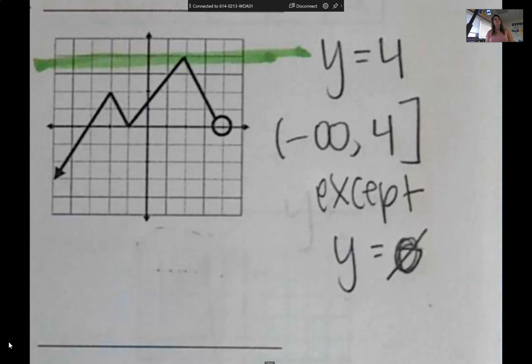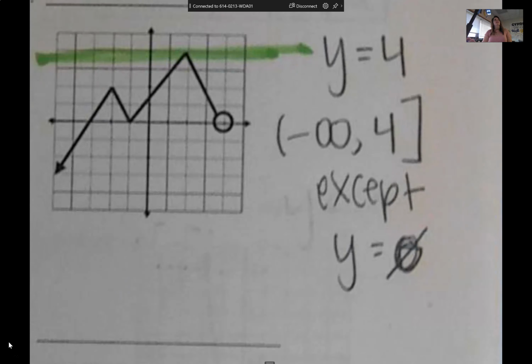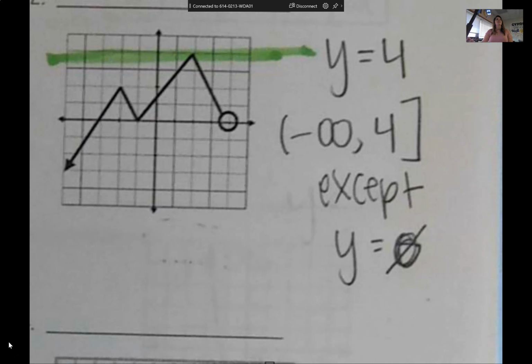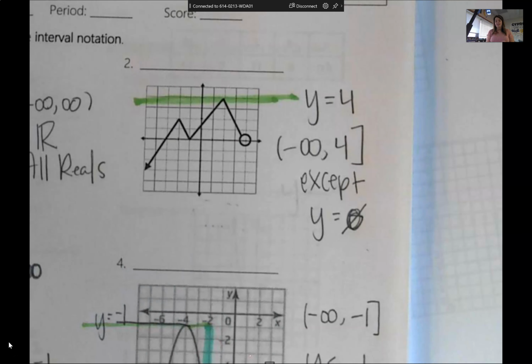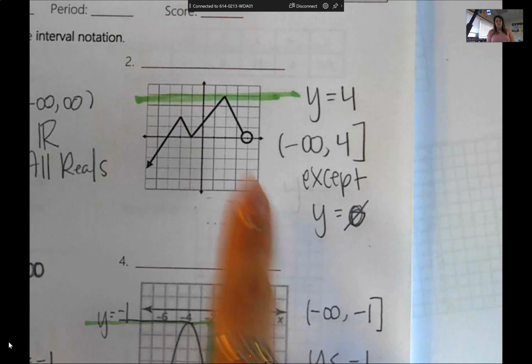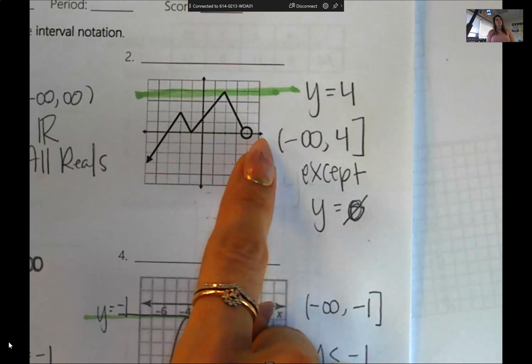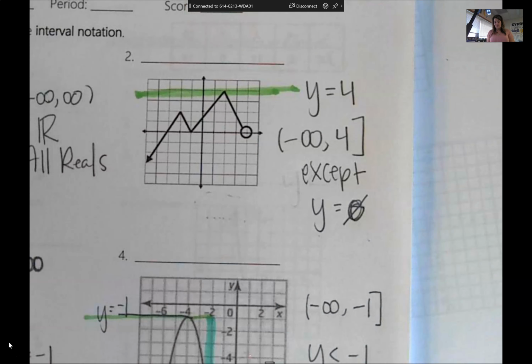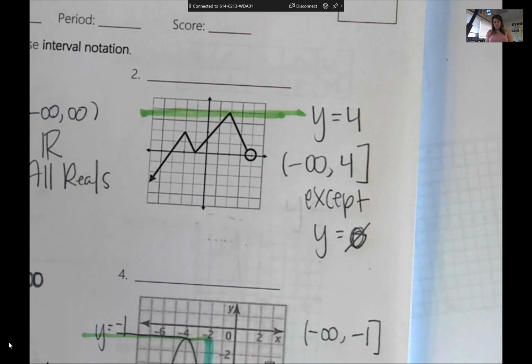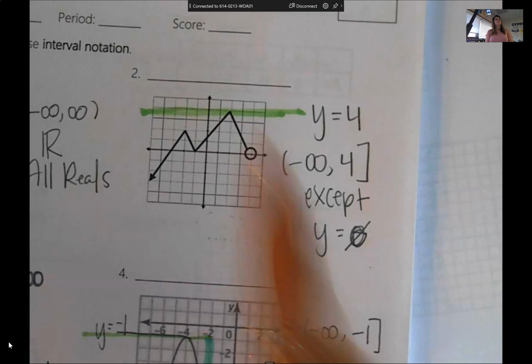So this is negative infinity to 4, except for y is 0. Remember that guy? He messes it up for us. That guy's a weird one. Okay, 2 more. You won't get one like that on your quiz because that guy's weird.